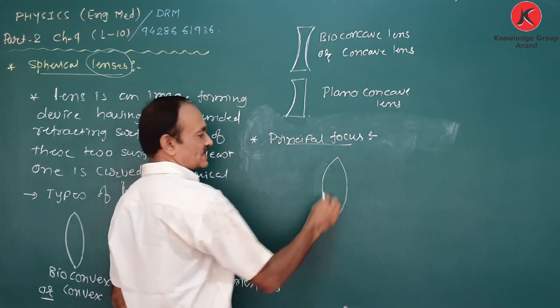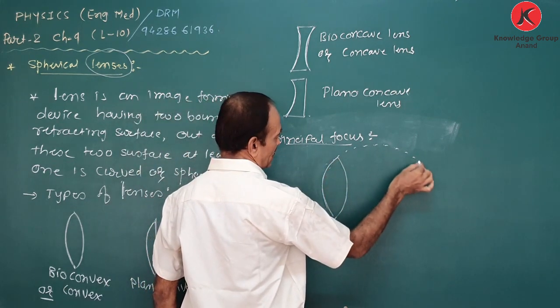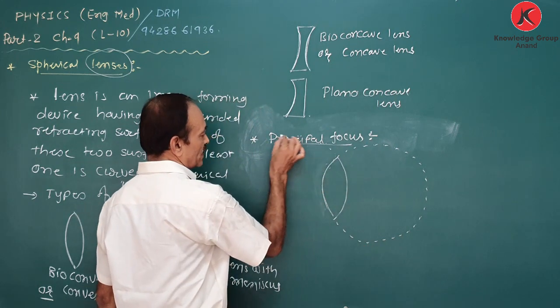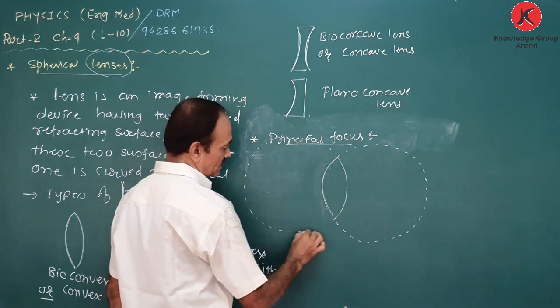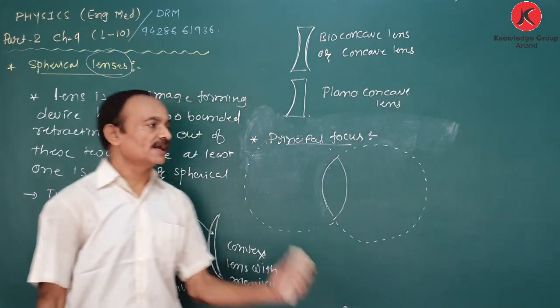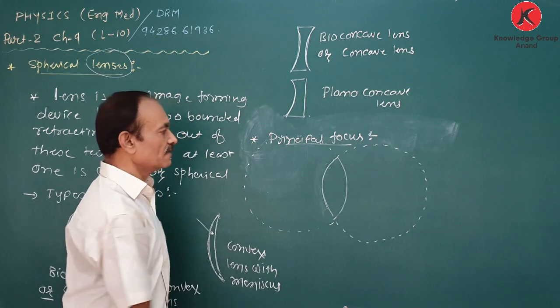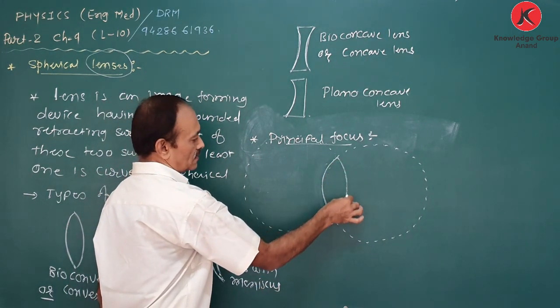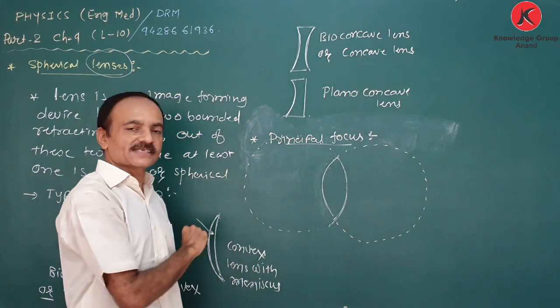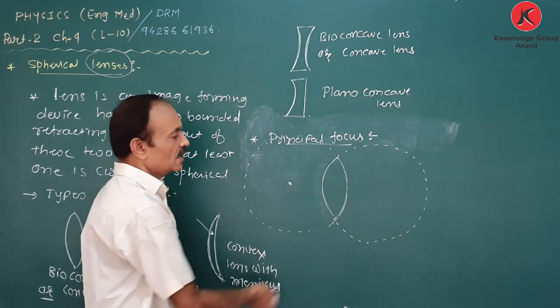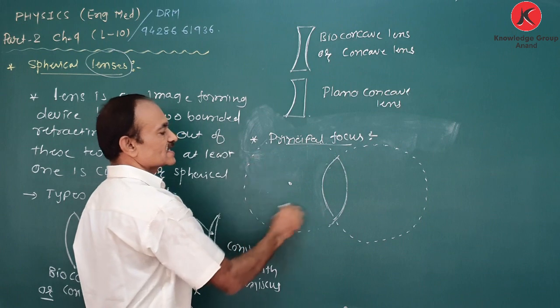suppose we consider a convex lens, so this surface is like this. Corresponding to each surface, we obtain two spheres according to the definition of center of curvature. The center of curvature is the center of the spherical shell from which this lens is cut.